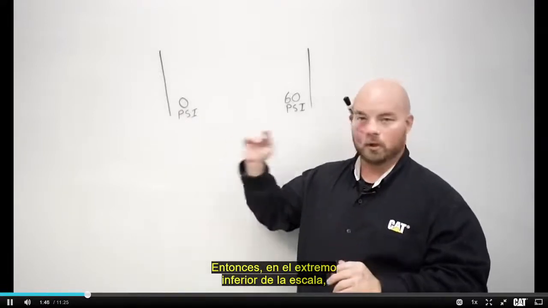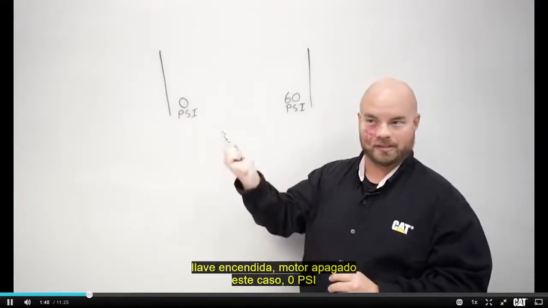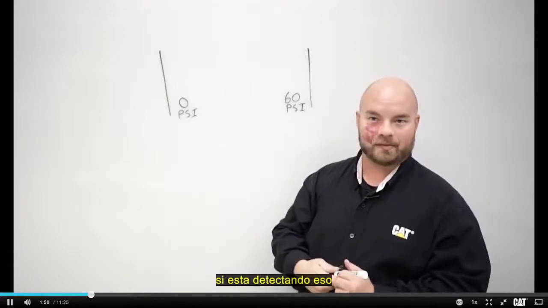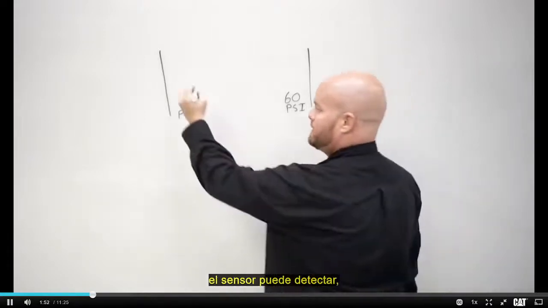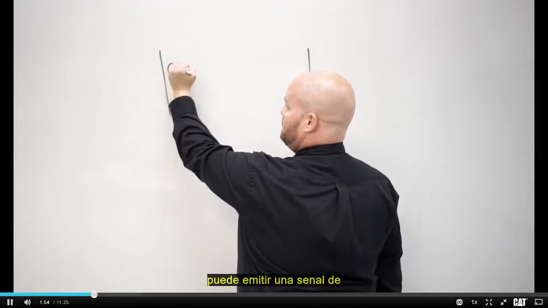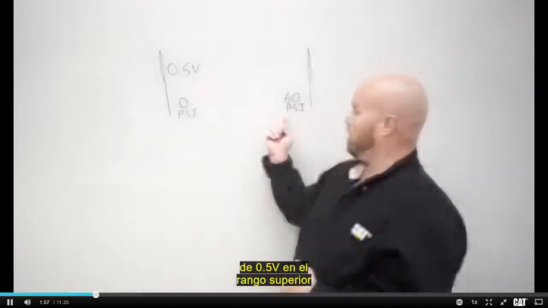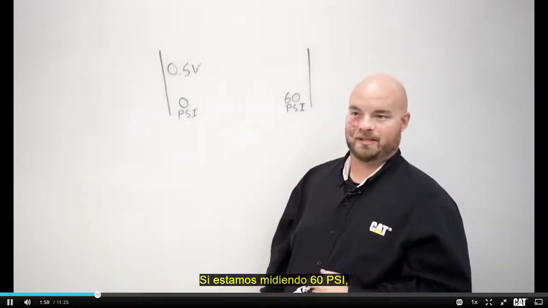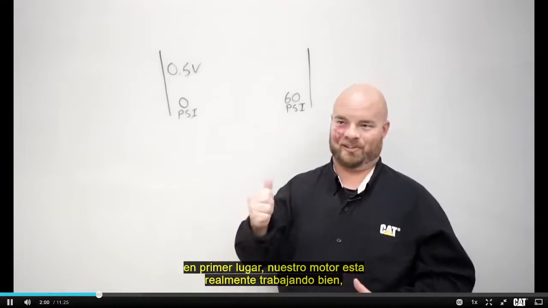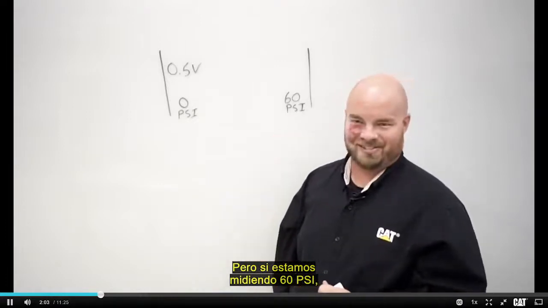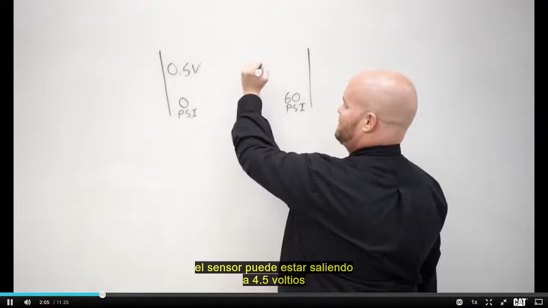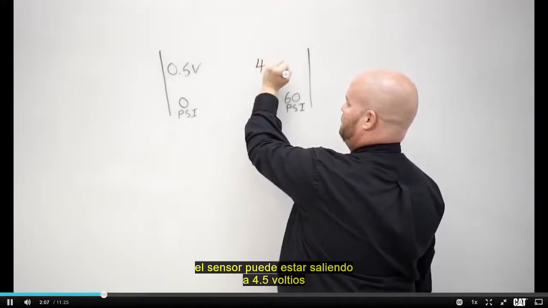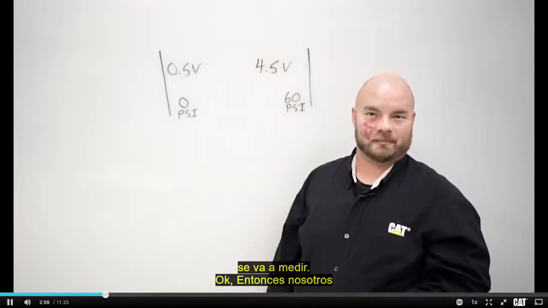On the low end of the scale, key on engine off, 0 PSI, the sensor may put out half a volt. On the top range, if we're measuring 60 PSI, first of all, our engine's really working good, but the sensor may be putting out 4.5 volts.